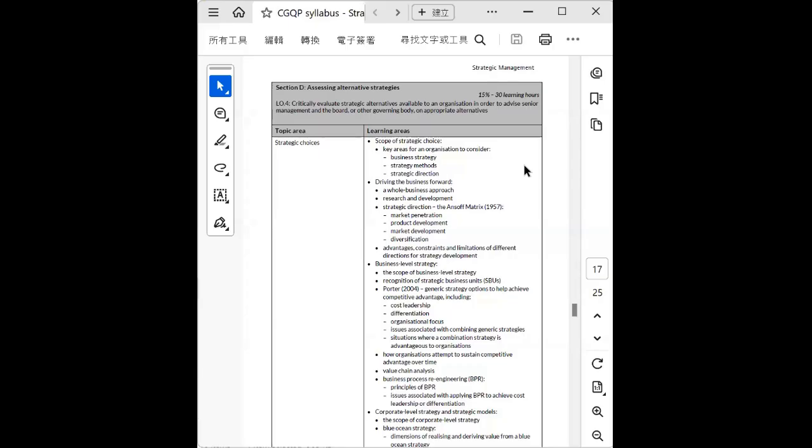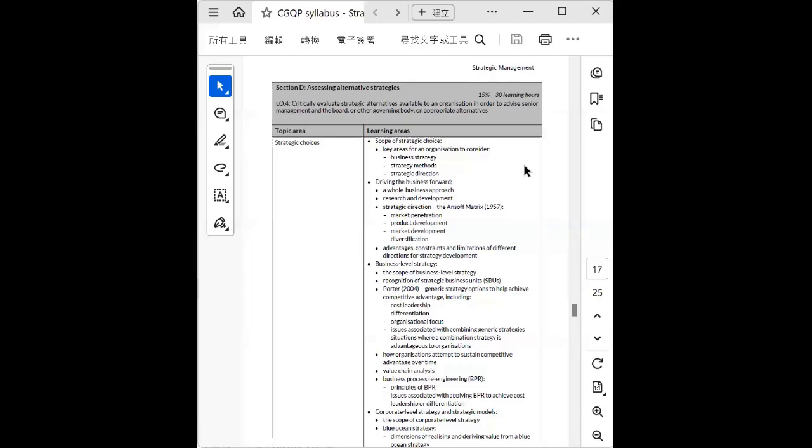Advantages, constraints of different directions. So you have to discuss the advantages, the pros and cons based on the facts of the questions. So each strategic direction offers unique advantages, such as growth potential or risk diversification, but also comes with constraints like resource requirements and market uncertainties.